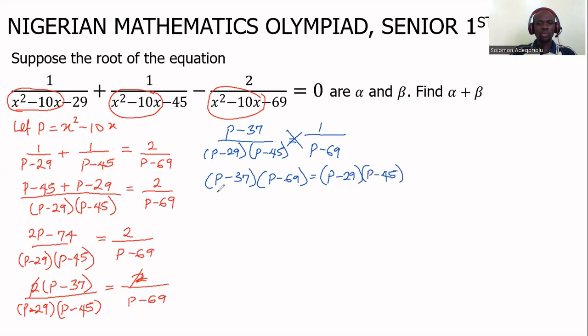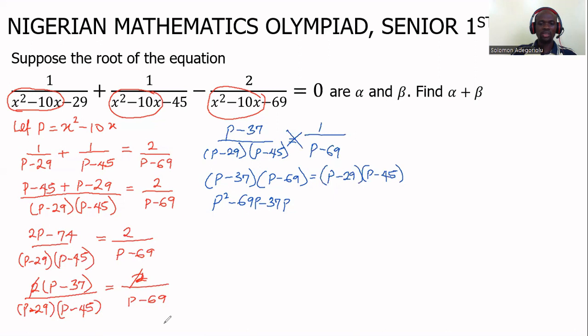So let's multiply this together to open this bracket here. P times P will give us P squared. So we have P squared here, and also P times minus 69, we have minus 69P, minus 37 times P, we have minus 37P, and lastly, what do we have there?